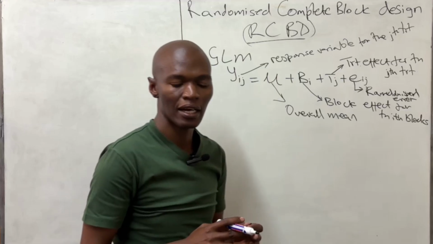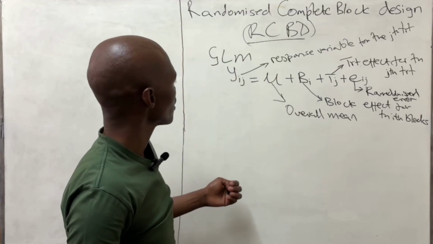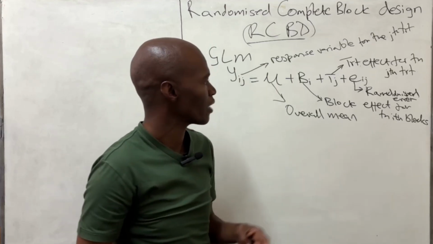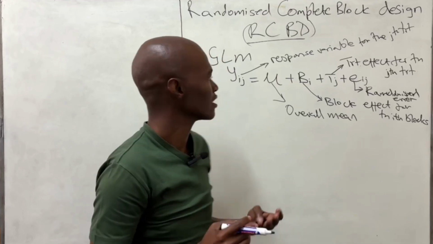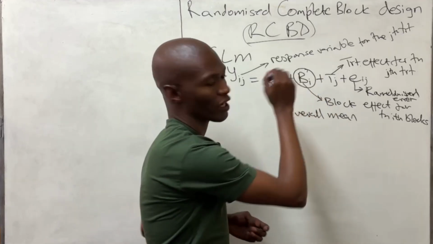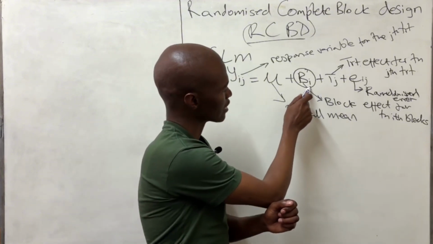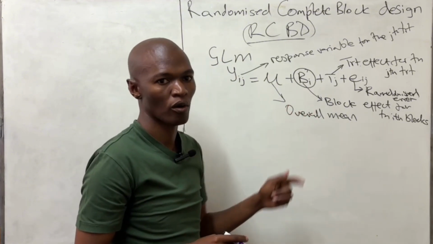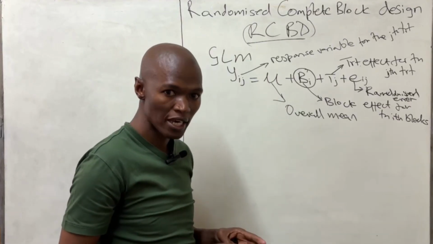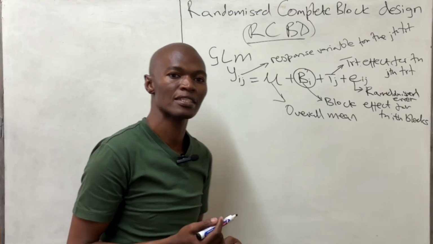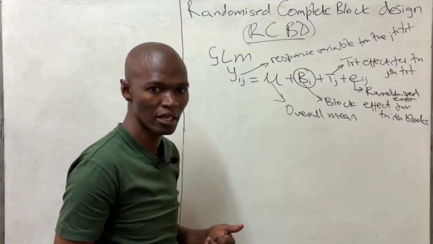Remember, in the previous video, we spoke of the completely randomized design, whereby Yij is equal to mu plus Ti plus the error. But in this case, we added the block effect. When you are analyzing your results, you are not interested in the effect of the block itself. But it will help you to know whether the variation that you observe among your experimental units is influencing the observations the way you assumed at the beginning of your experiment.